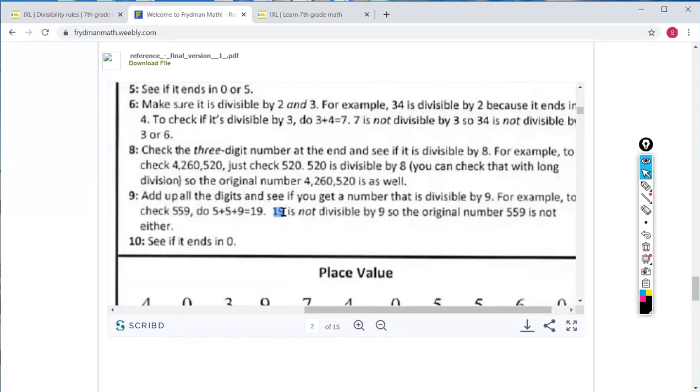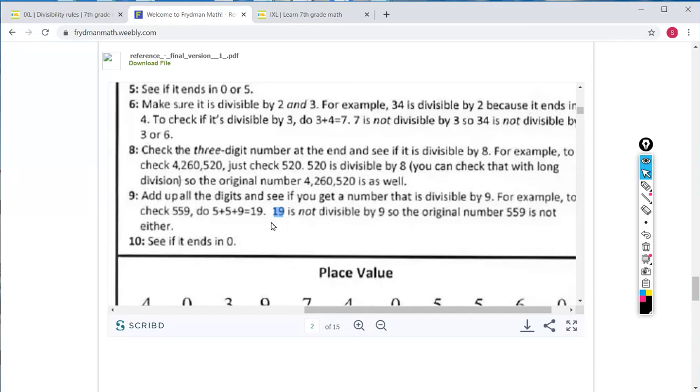And then we have to ask ourselves, is 19 divisible by 9? Now, hopefully, after you add all these numbers, you get a number which is much easier to tell if it's divisible by 9. So I know that 9 does not go nicely into 19. The multiples of 9 are 9, 18, 27, 36, and so on, right?